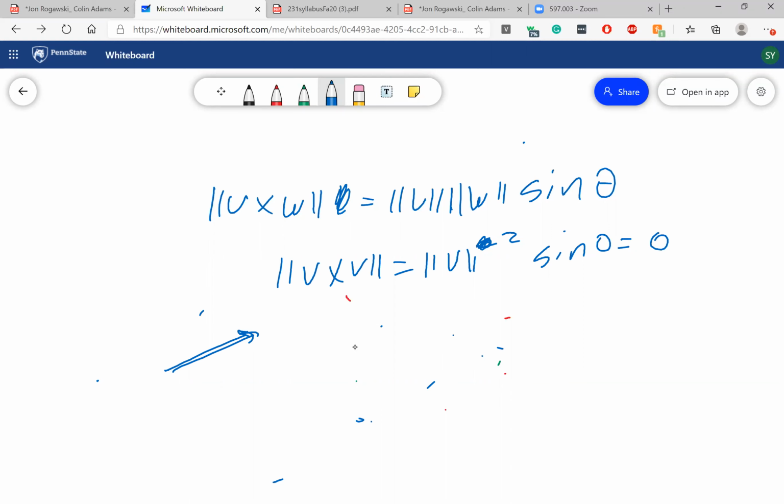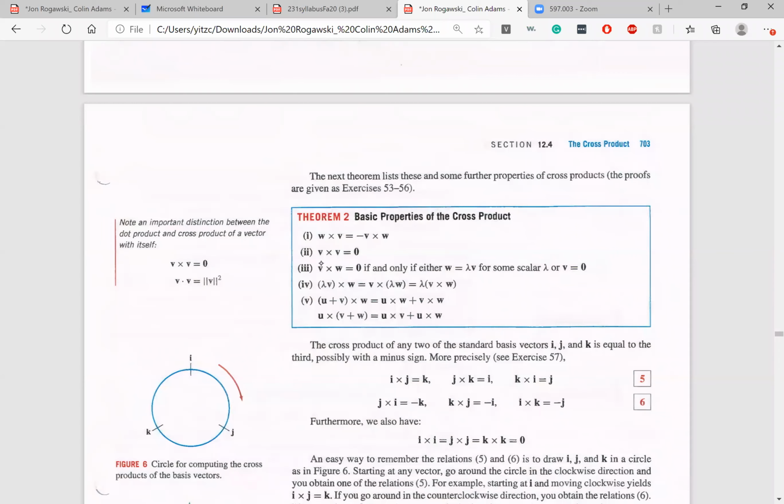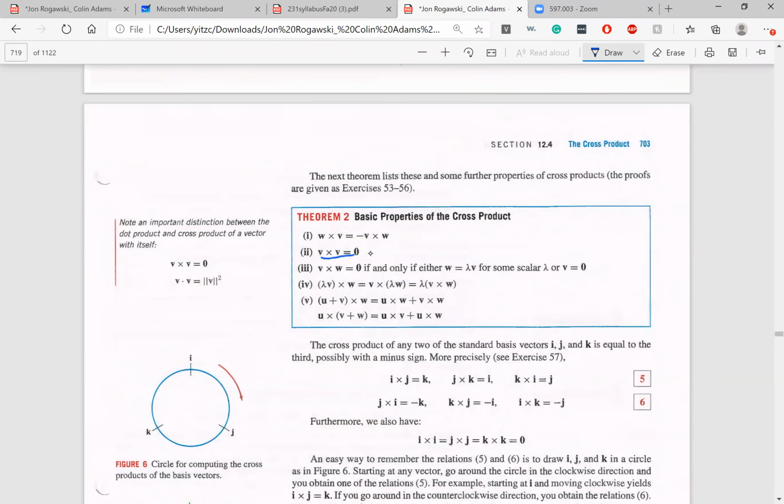And so the magnitude of V cross V is equal to 0. But if the magnitude of the vector is equal to 0, then that vector is equal to 0, so V cross V is equal to 0. Similarly, you can use the same exact strategy to show that V cross W is equal to 0 if W is equal to lambda V.